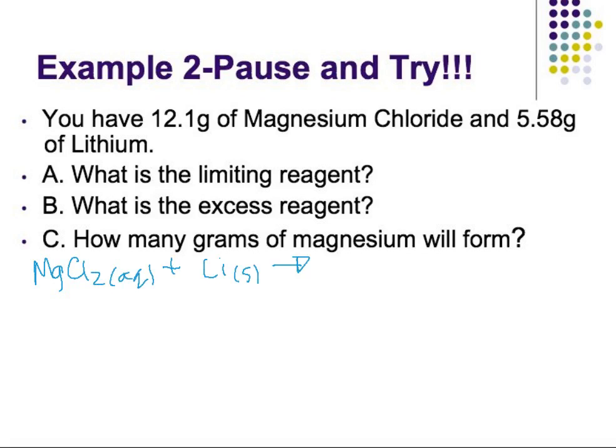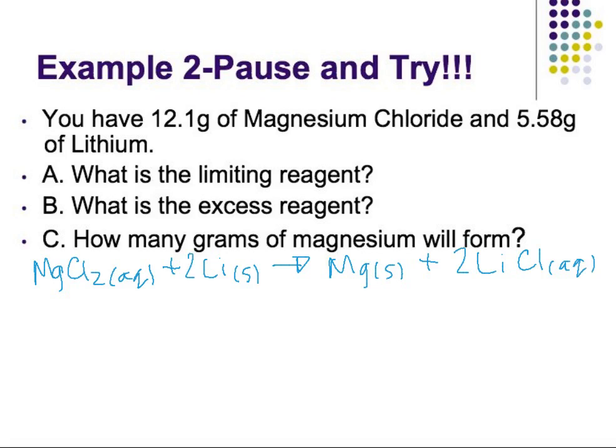Lithium's a solid. Magnesium gets kicked to the curb because lithium is higher on the activity series. Lithium hooks up with chloride and will be aqueous. Is this reaction balanced? No, it's not. So we'll need a 2 here and a 2 there.